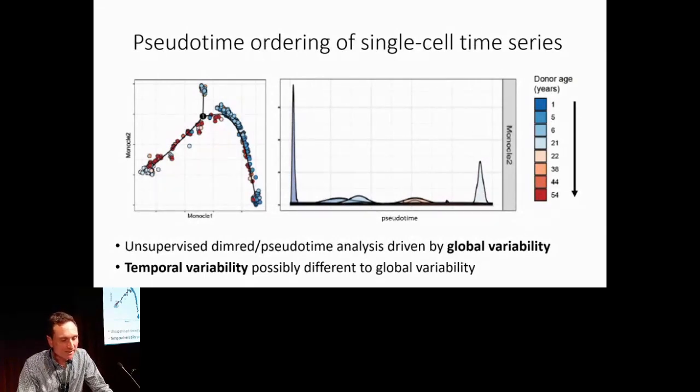And the reason for this is that all these approaches, like the simple PCA approach or these more sophisticated pseudotime approaches, are unsupervised approaches that are governed by the global variability in your data. And what we try to do here is to identify axes of variation that are confined to the variation with time.